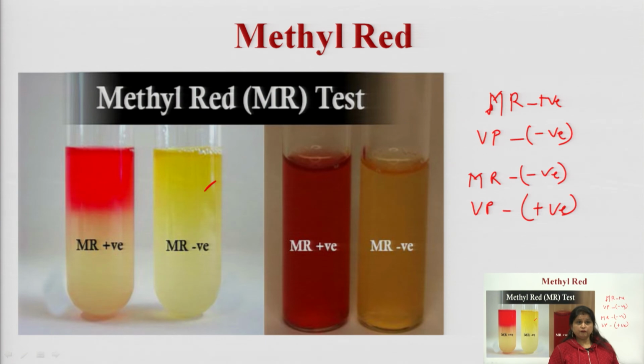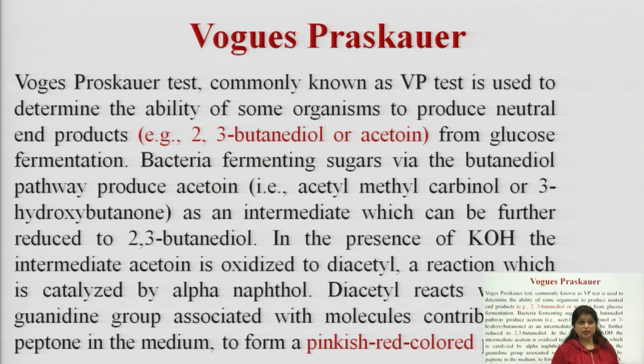So now, what actually is the Voges-Proskauer reagent? The Voges-Proskauer test, commonly known as the VP test, is used to determine the ability of some bacteria, which make the environment neutral or basic, to release acetone as an end product of glucose fermentation, and that acetone will be analyzed with the help of the VP reagent.